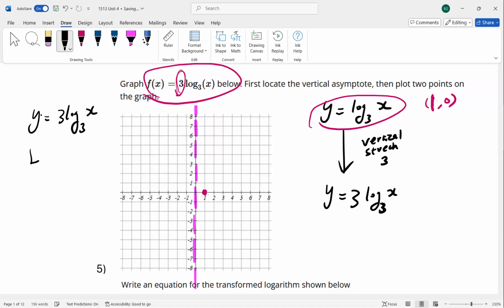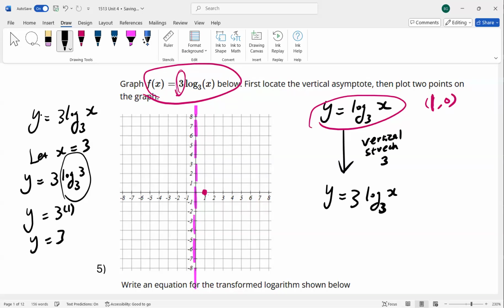So now we're going to let x be 3. We want to let the base and the argument of the log be the same, and let's see what's the corresponding y value. y equals 3 log with base 3 of 3. Remember I said if the base and argument of the log are identical, then the log equals 1. So y equals 3 times 1, y equals 3.